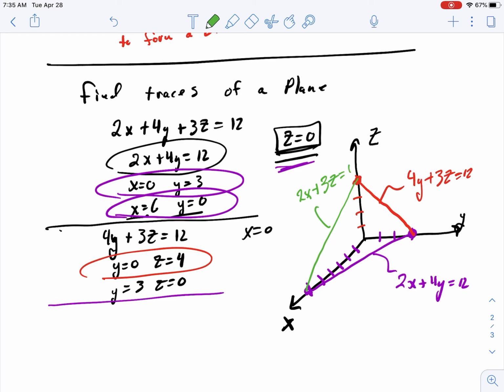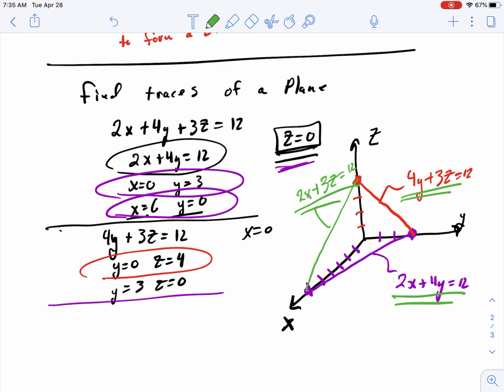And this would be 2x plus 3z equals 12. And that's about as far as we ever went in Algebra 2, finding the traces of that.